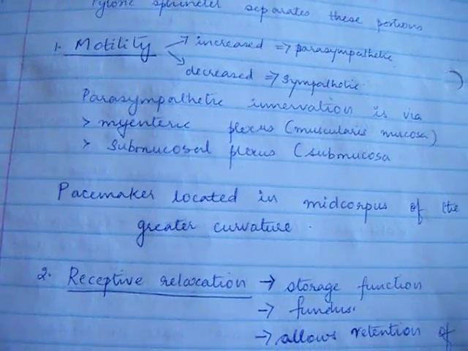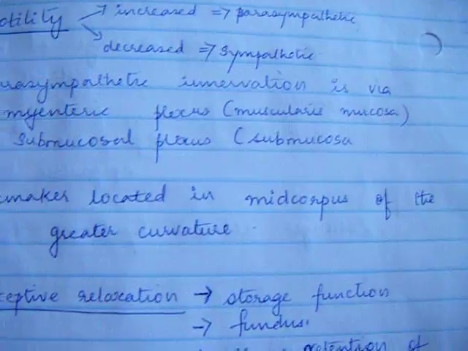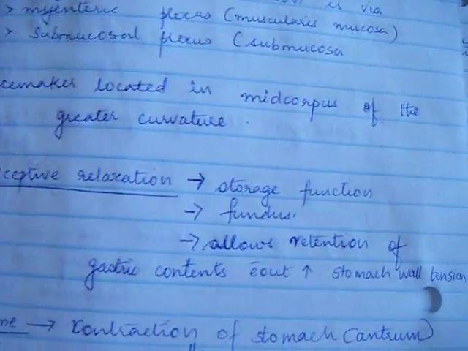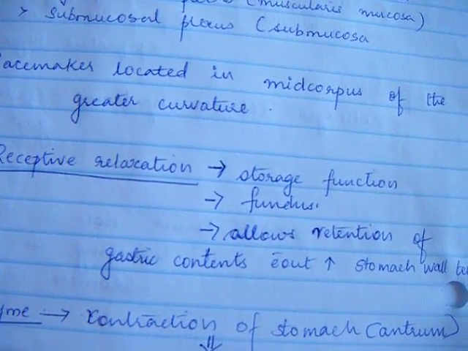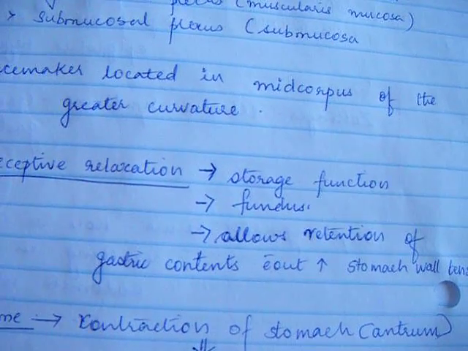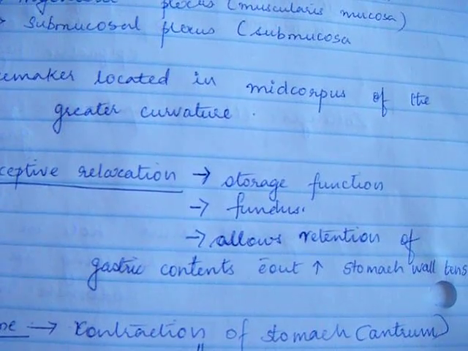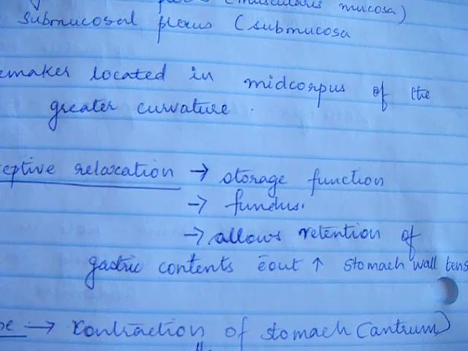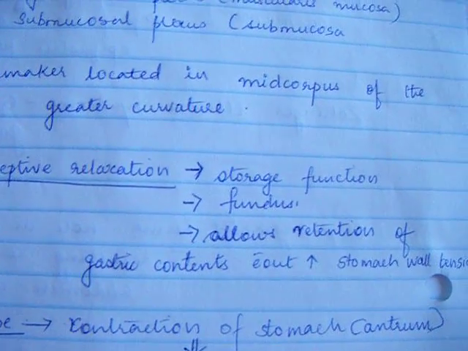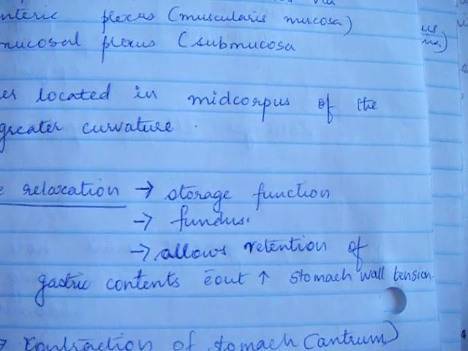Now you have a pacemaker located in the stomach. It is in the mid corpus of the greater curvature. Then the receptive relaxation is the next point. Receptive relaxation is mainly for the storage function, and it is principally concerned with the fundus, and it allows the retention of the gastric contents without increasing the stomach wall tension.